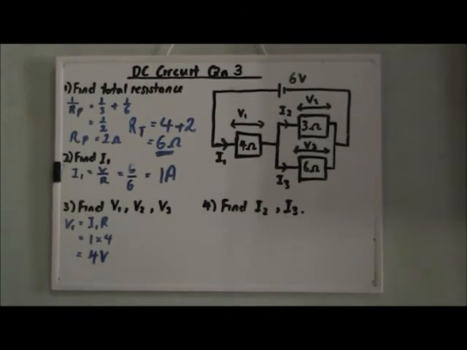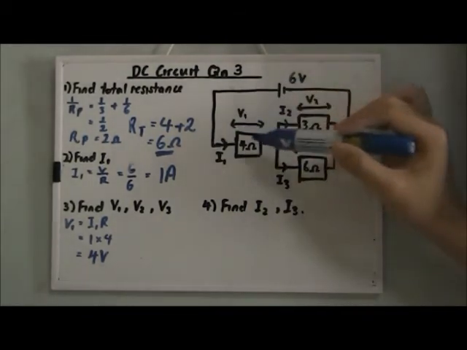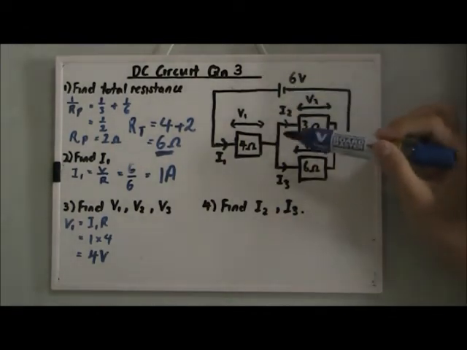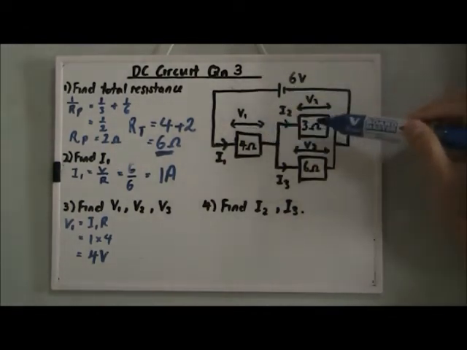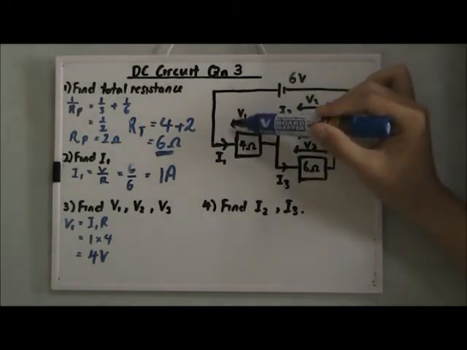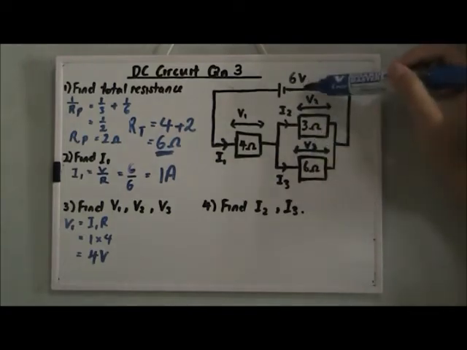And as we can see, this is actually a series connection. So for a series connection, we say that all the voltages must add up to 6 volt. So in this case, V1 plus V2 or V3 must be equal to 6 volt.